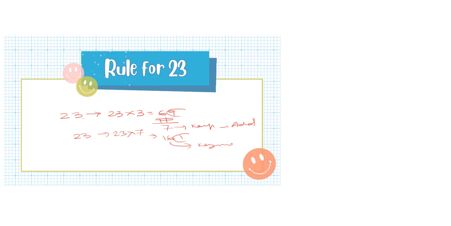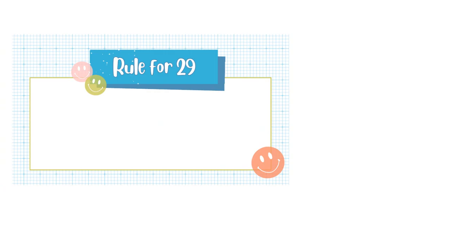Like this for 29. For 29, as you can see, 9 is already there. So what you are going to do: hide 9 and add 1. 2 plus 1, 3. So 3 is the key number for 29.